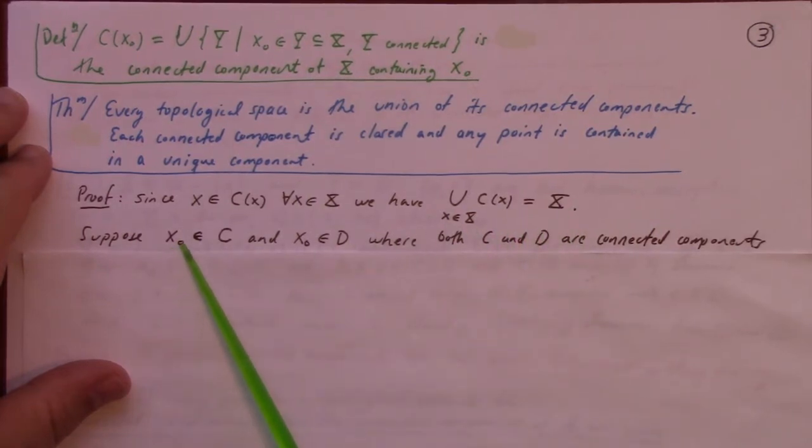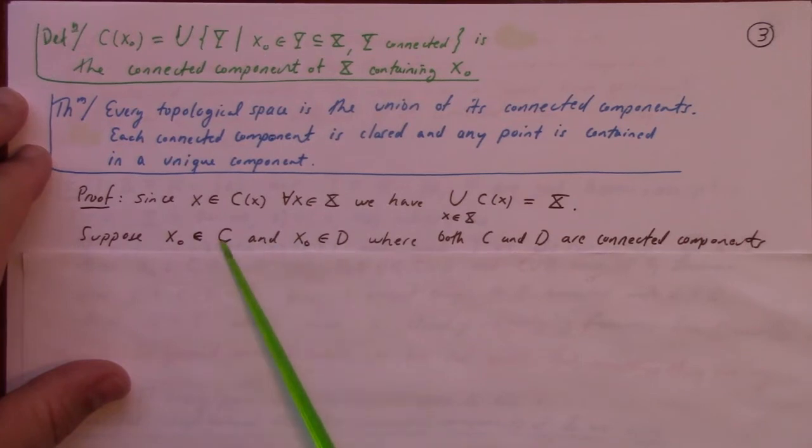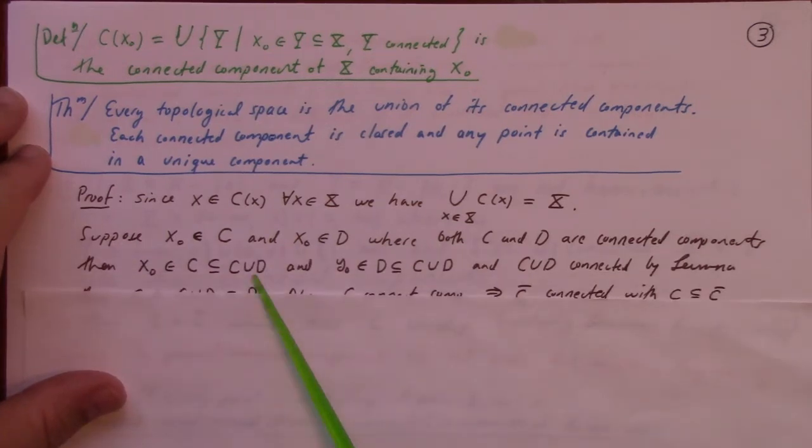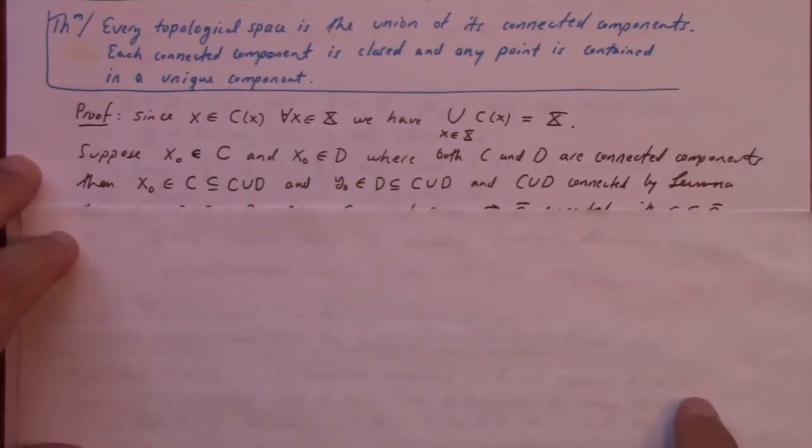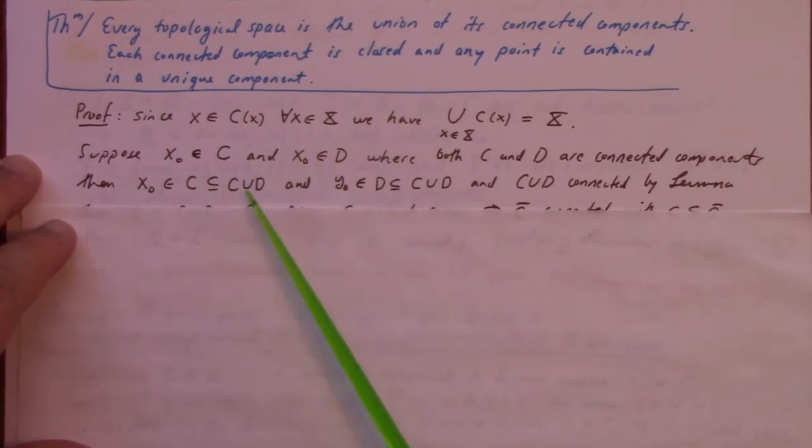And if we have x naught as an element of two connected sets, C and D, where they're both connected components, then x naught is an element of C, which is a subset of the union.